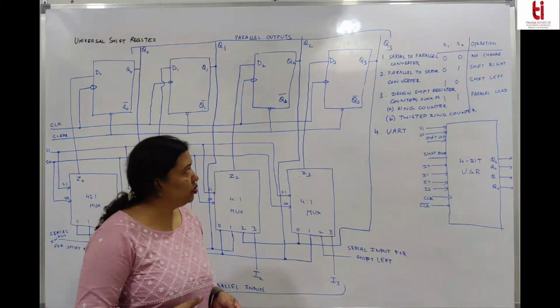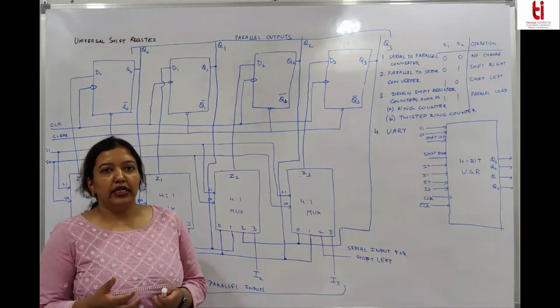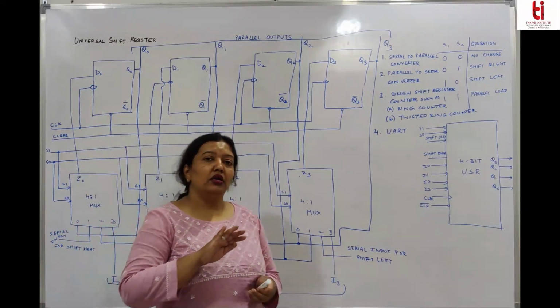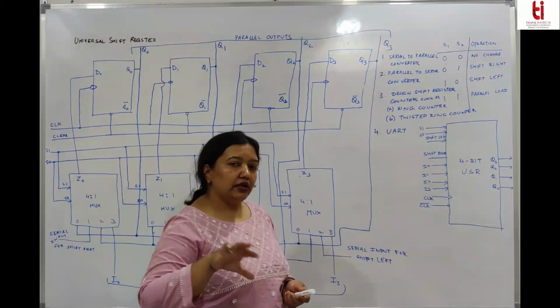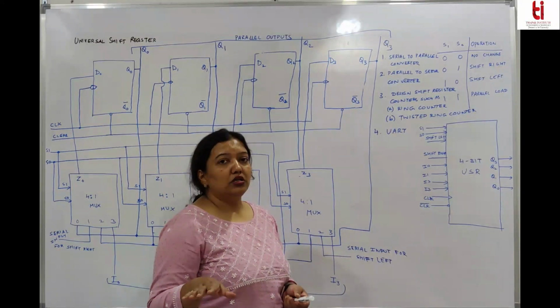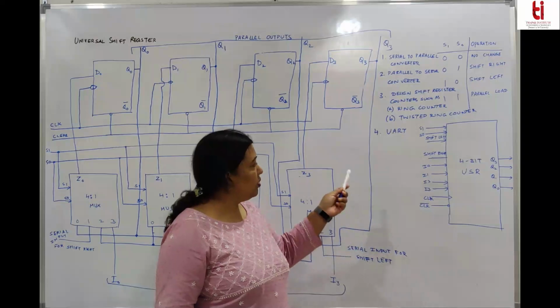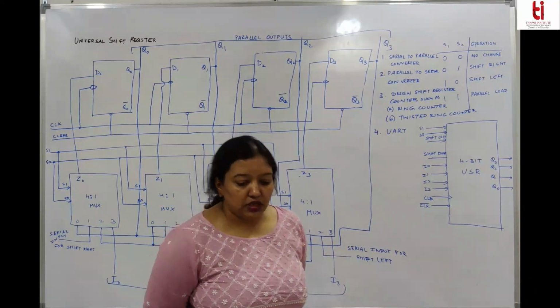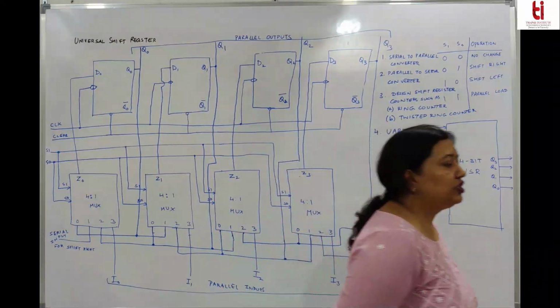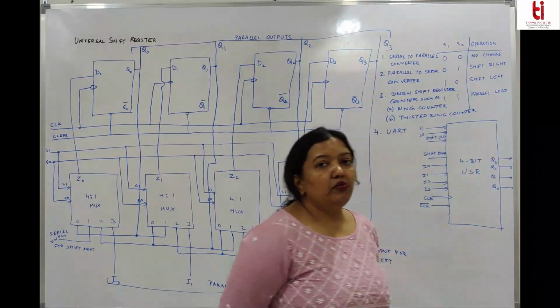So what you do is you use a shift register, take the data serially, convert it into parallel, feed it to the digital system, do the processing, get the data parallelly and again convert it into serial fashion. So this is what a UART, Universal Asynchronous Receiver Transmitter, does.